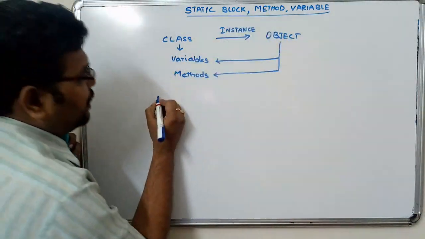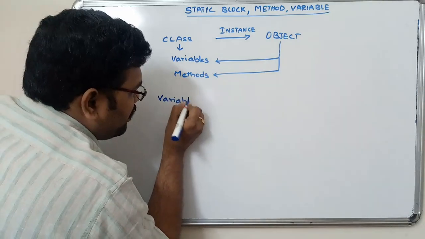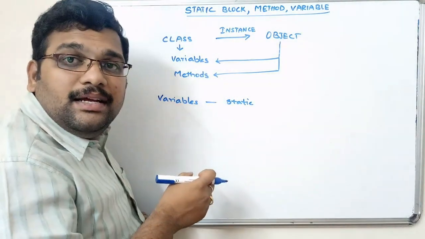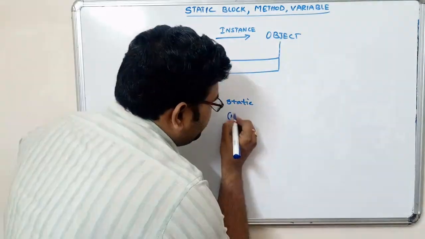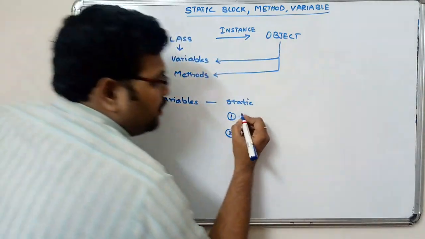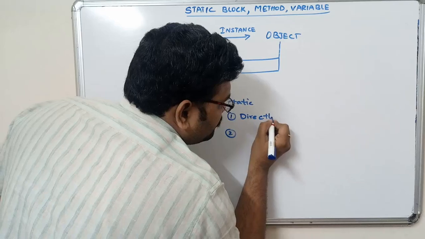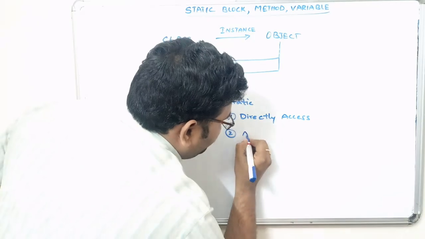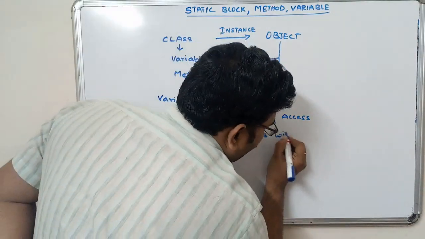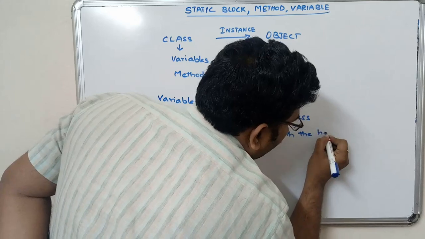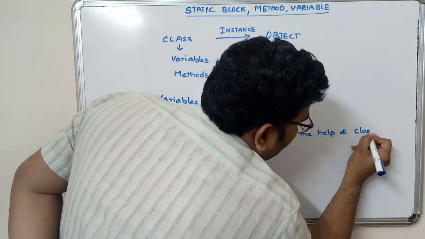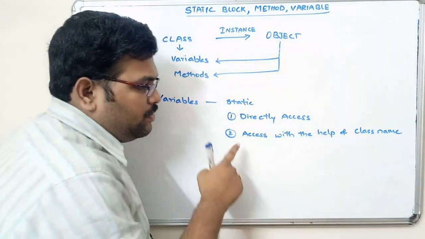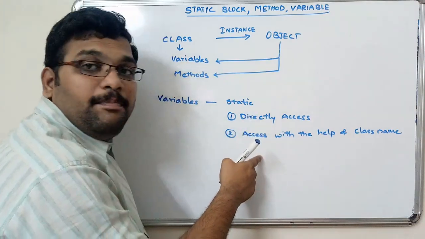And if the variable is declared as static, these static variables can be accessed in two ways: one is we can access directly, and the second is we can access with the help of the class name.